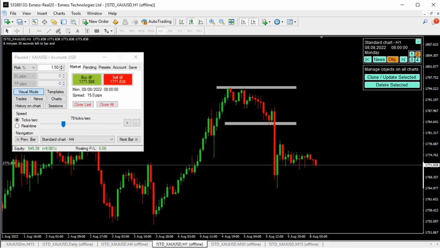Let's move back to the H1 time frame. Let's remove the zones and create new ones. We have a significant area there. That's our support. Price right now is just consolidating.